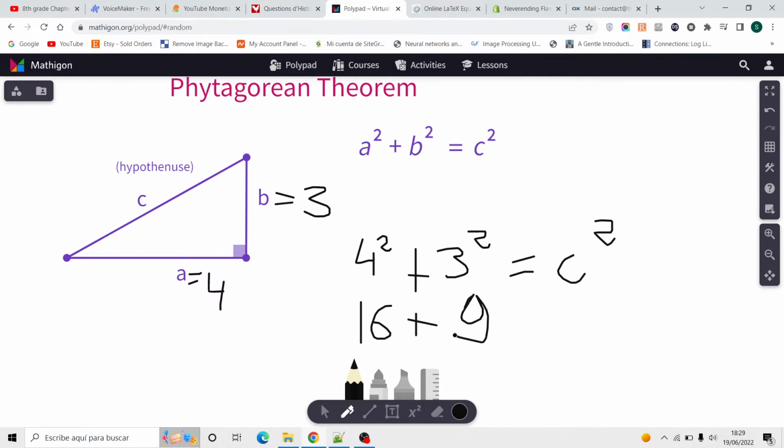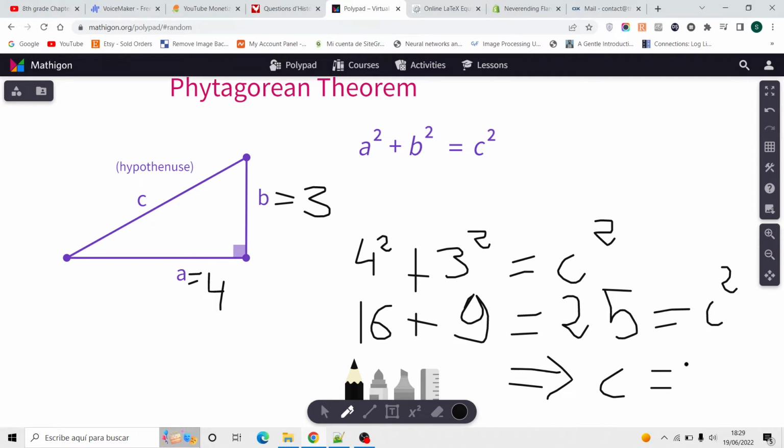Okay. So 16 plus 9 equals 25. Okay. So we have 25 equals C squared. Okay. So as a consequence, we can calculate C. C equals square root of 25.